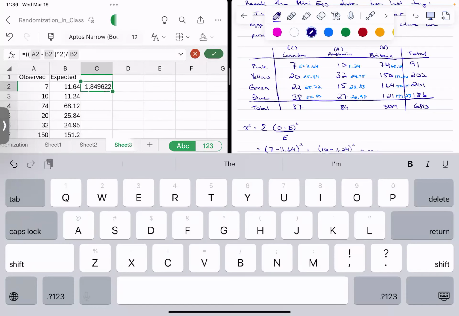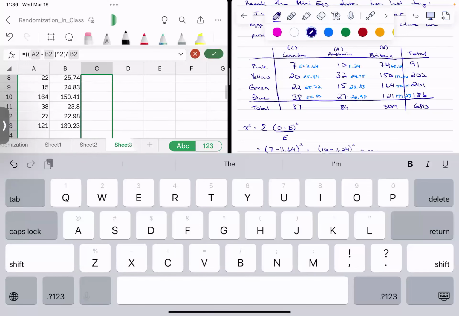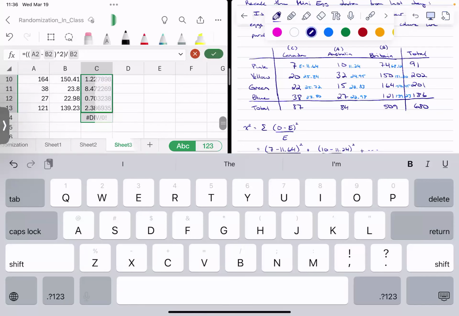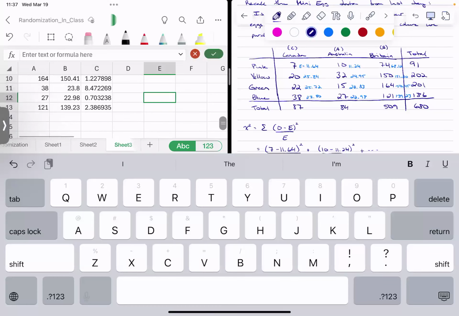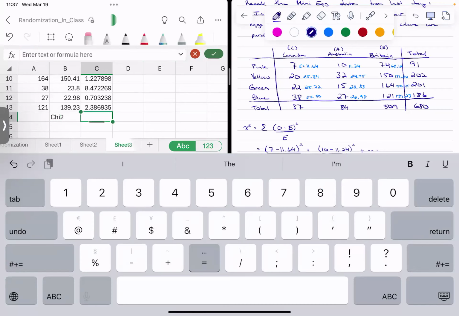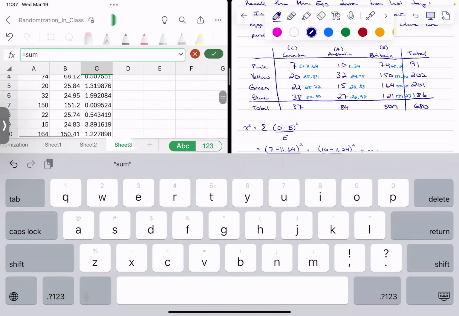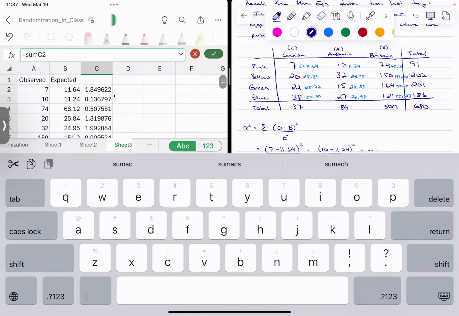Nice. And now, will it do it? I want to send that down. I assume it did it. So our chi-squared is going to be the sum of all of these.